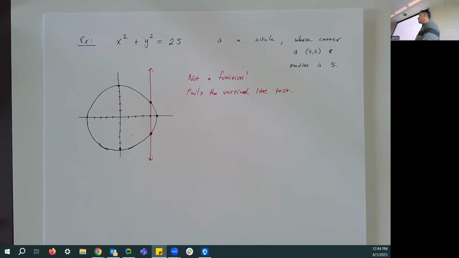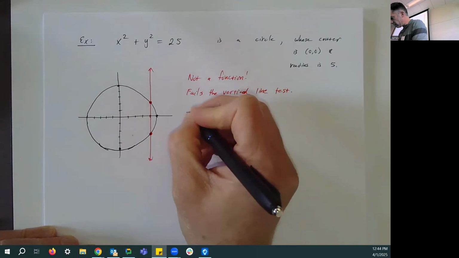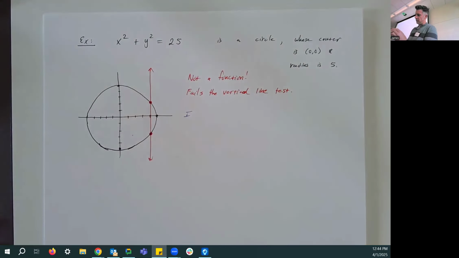I'm going to say the same thing in a different way. Not a function because, if there's something on there still. Sorry about that. Cool.